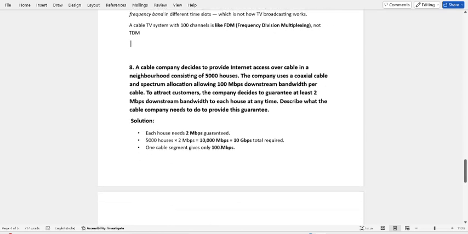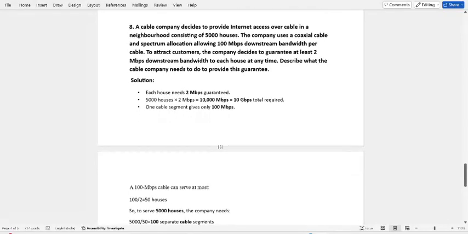Now, eighth one. A cable company decides to provide internet access over a cable in a neighborhood consisting of 5,000 houses. The company uses coaxial cable and the spectrum allocation allows 100 megabits per second downstream bandwidth per cable.